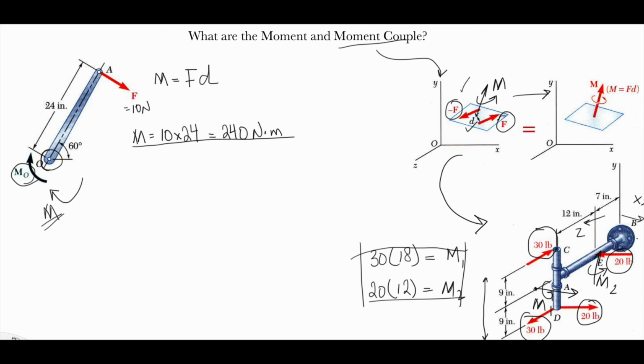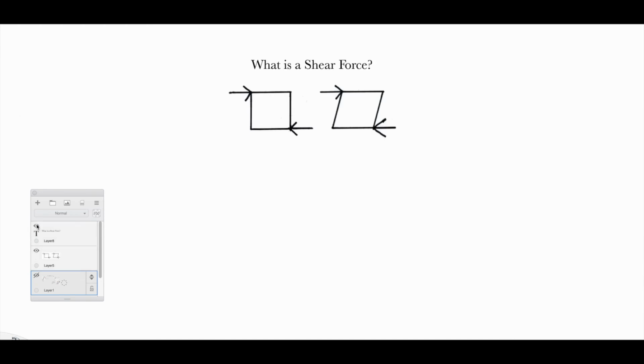Now going to the next slide, we're going to see what a shear is. Shear force is simply two forces, you see F here and F, applied perpendicular to a surface in opposite directions.